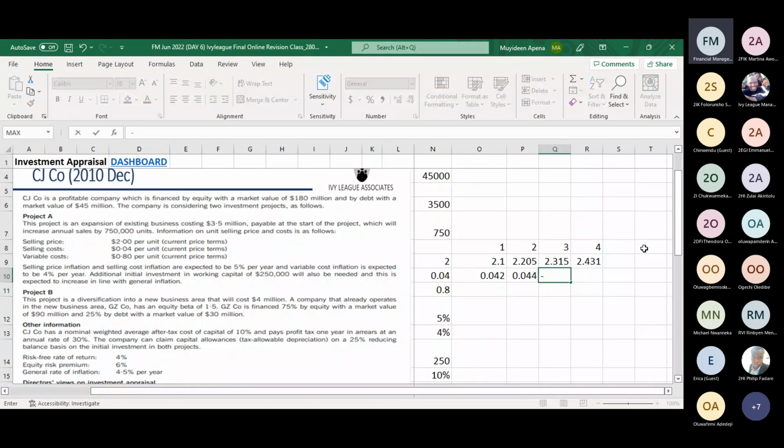The third one equals 4 cents times 1 plus 5% raised to power 3. And the fourth one equals 4 cents times 1 plus 5% raised to power 4.